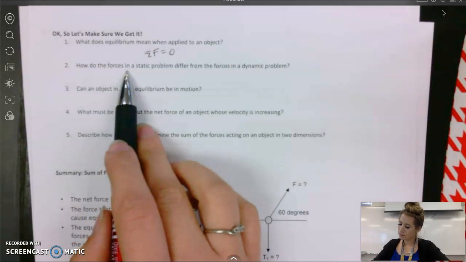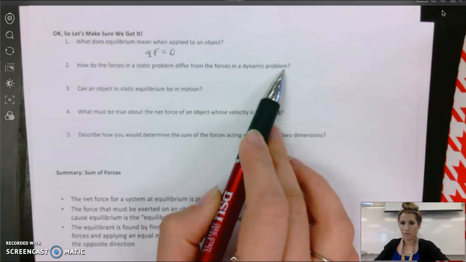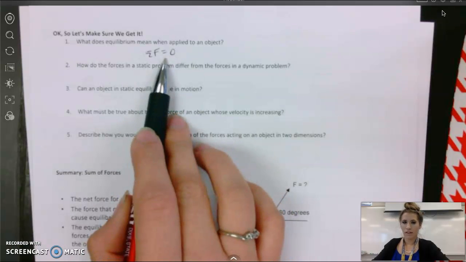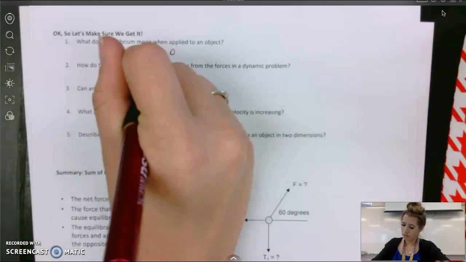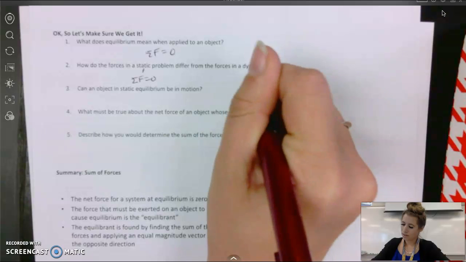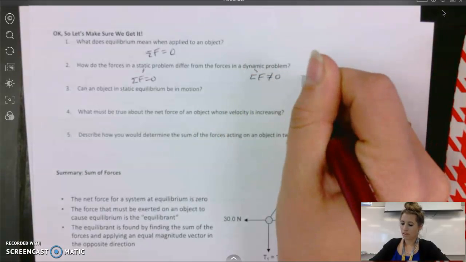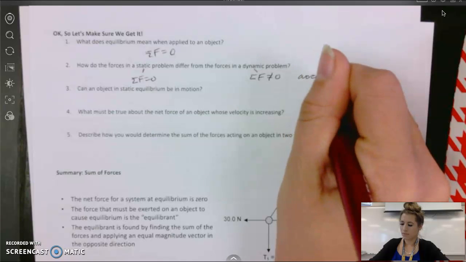How do the forces in static problems differ from the forces in dynamic problems? Simply that for static, the sum of the forces equals 0, but for dynamic, the sum of the forces do not equal 0, which means that there is some acceleration.